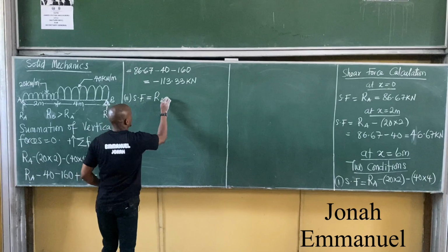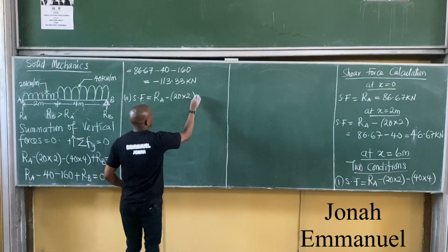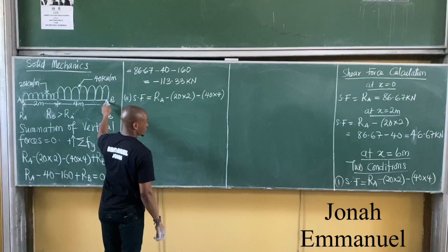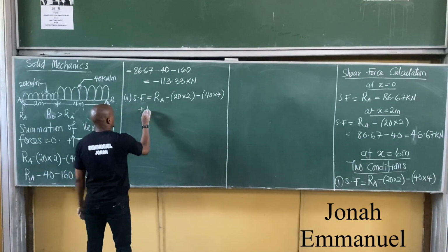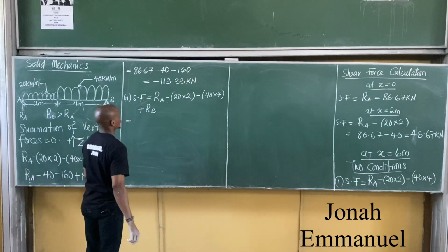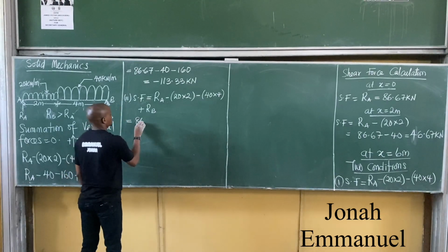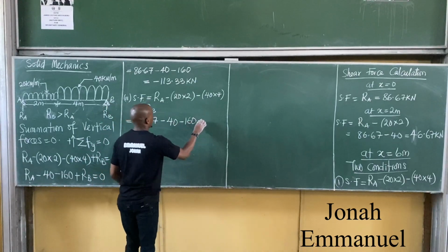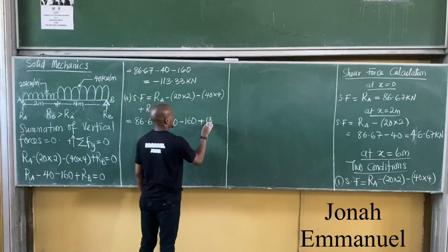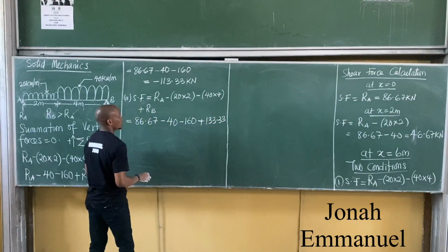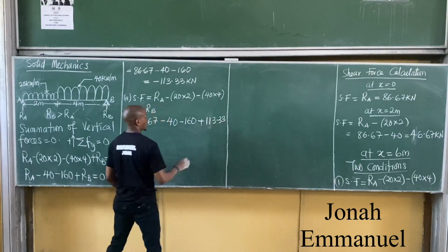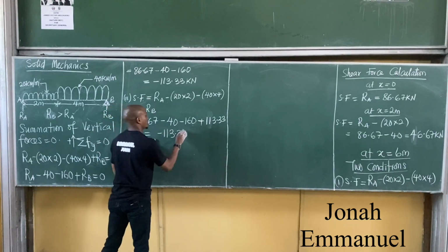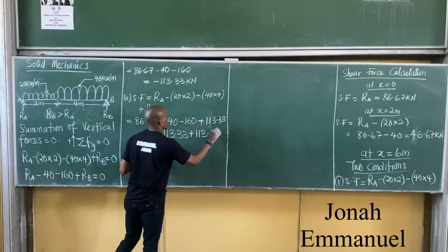That's RA minus 20 times 2 minus 40 times 4, then plus RB, because RB is going up at this point. So 86.67 minus 40 minus 160 plus RB, which is 113.33, gives you minus 113.33 plus 113.33, equal to 0.